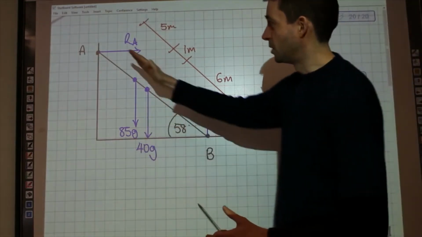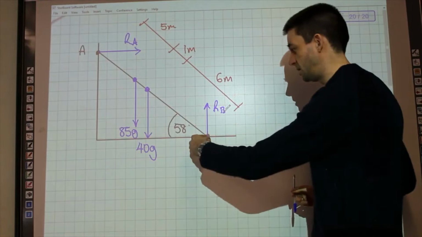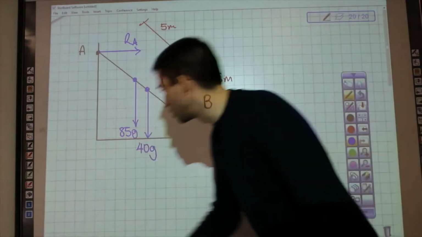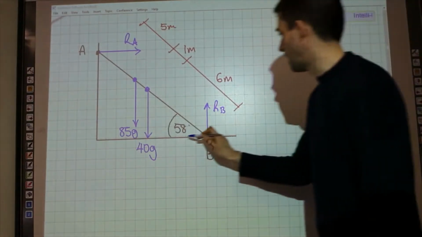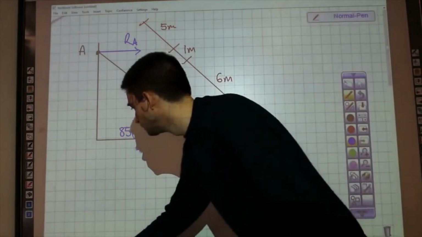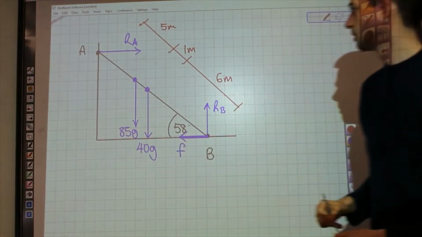Again, we consider what if the ladder were to slip? It would move so that the base goes to the right, so friction, opposing the direction of motion, must be acting to the left. So there is my frictional force.